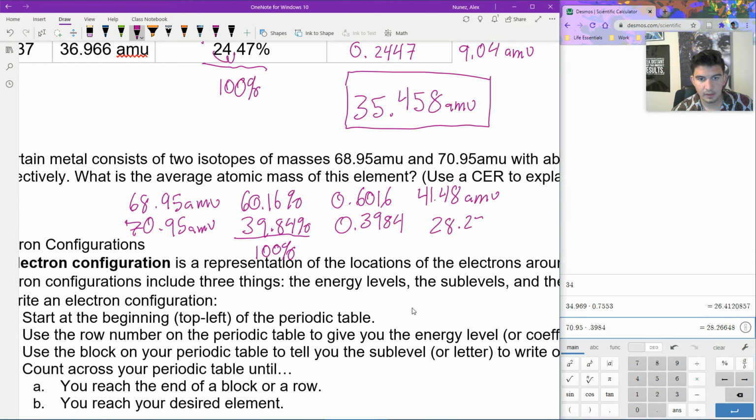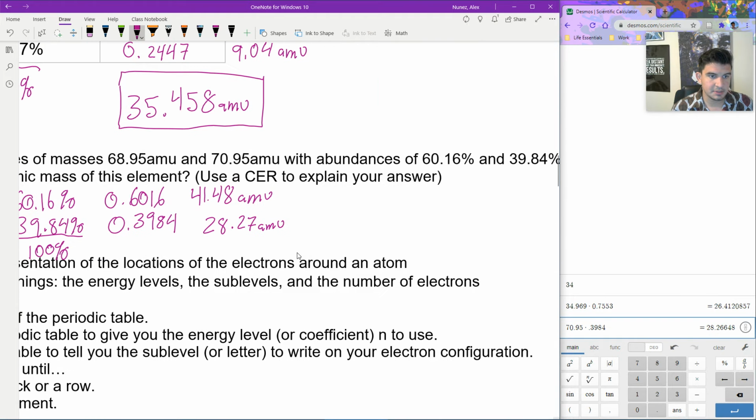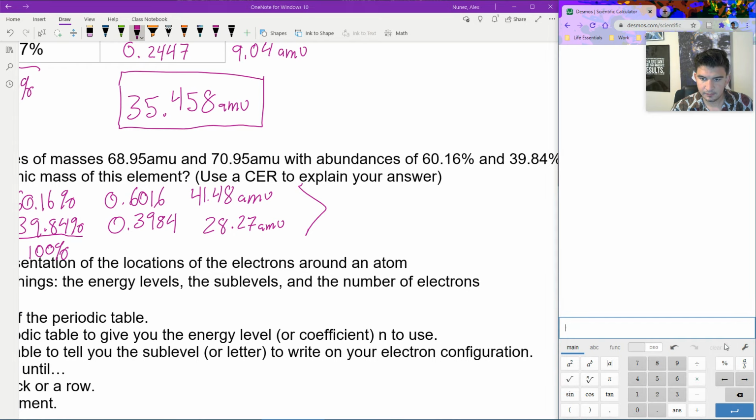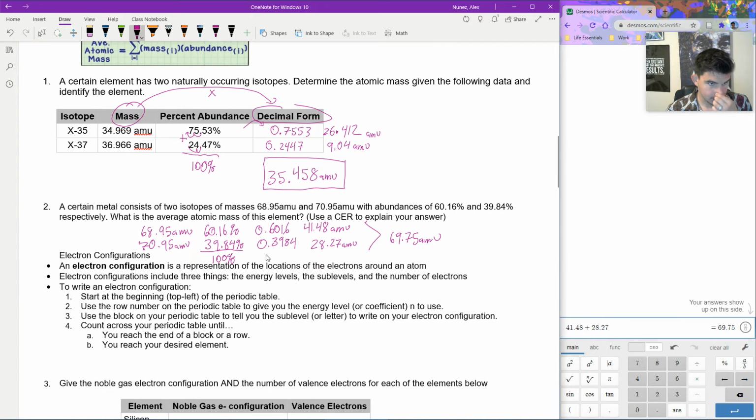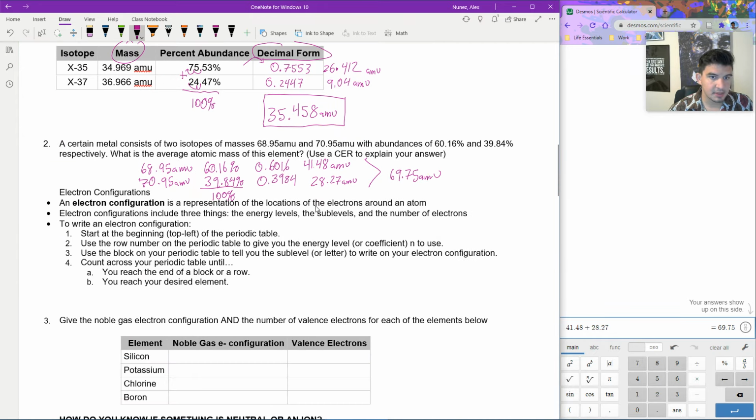Make sure you round according to the problem. Our very last step is to just add these guys up. So 41.48 and 28.27 give us 69.75 AMU. There you go. And so that was percent mass abundance.